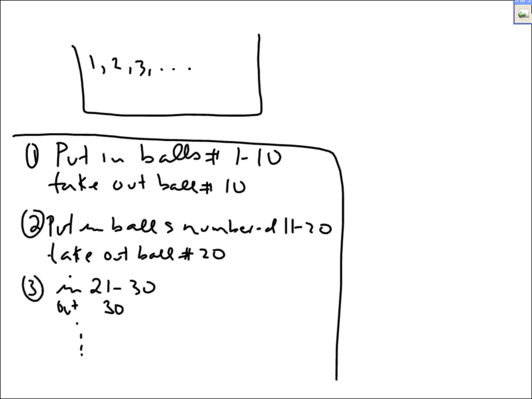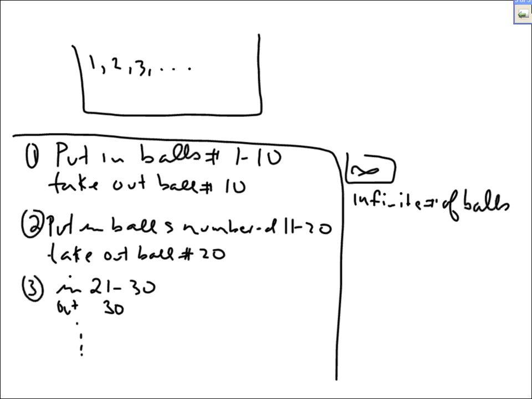So now, there's going to be an infinite number of balls at the end. I mean, think about it. You're going to have an infinite number of balls. That's what you put in.